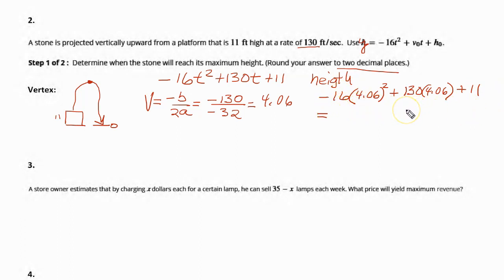So take a moment to solve this, and let's see what you get. And you have to round to 2 decimal places also. 275 feet and 0.6.